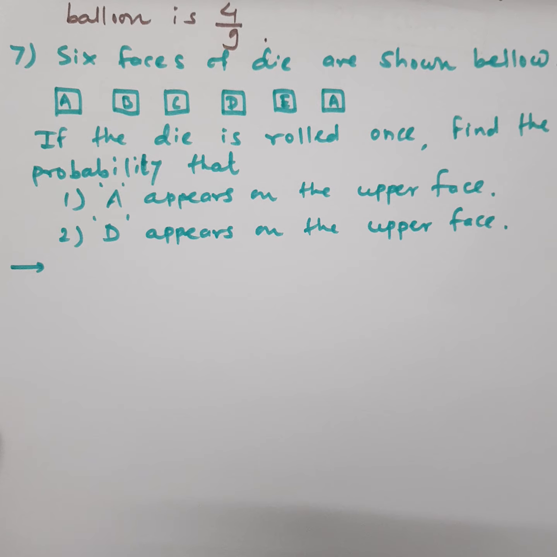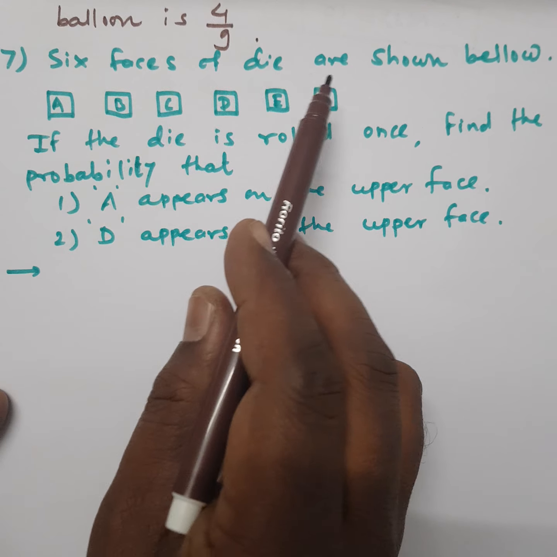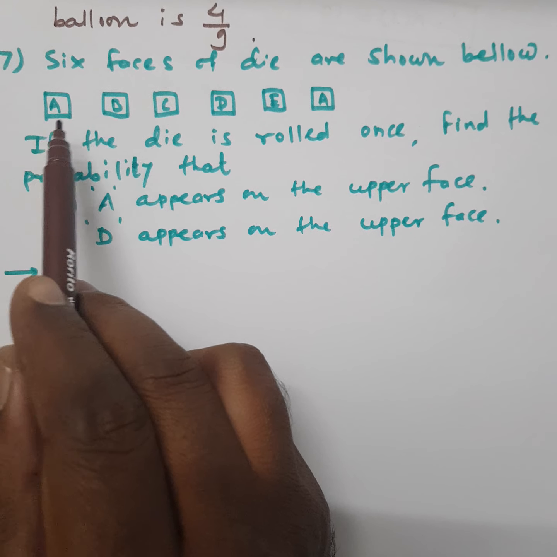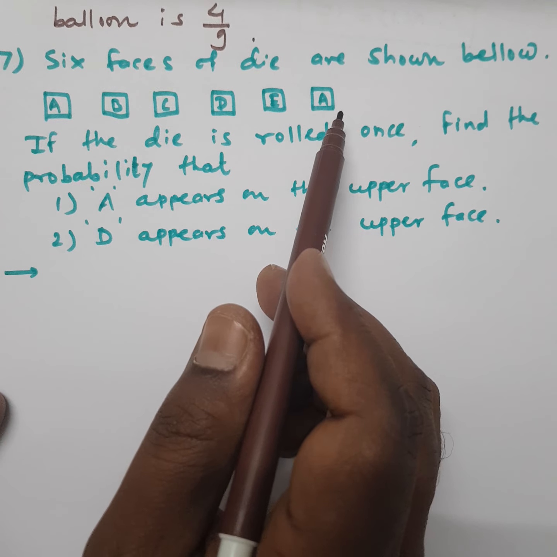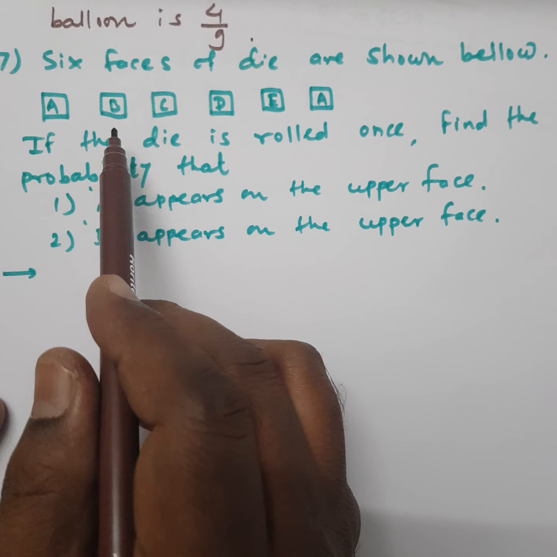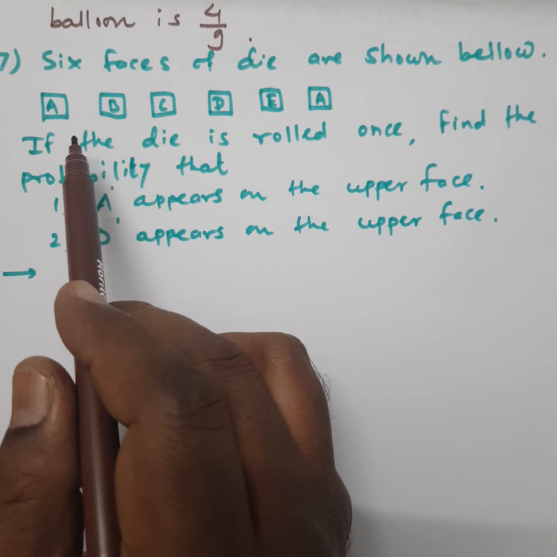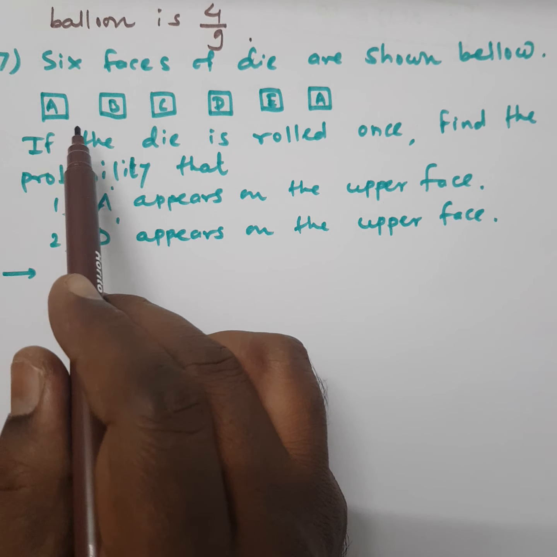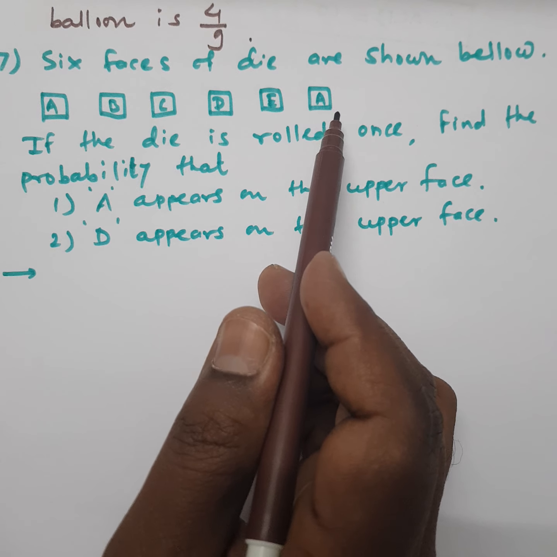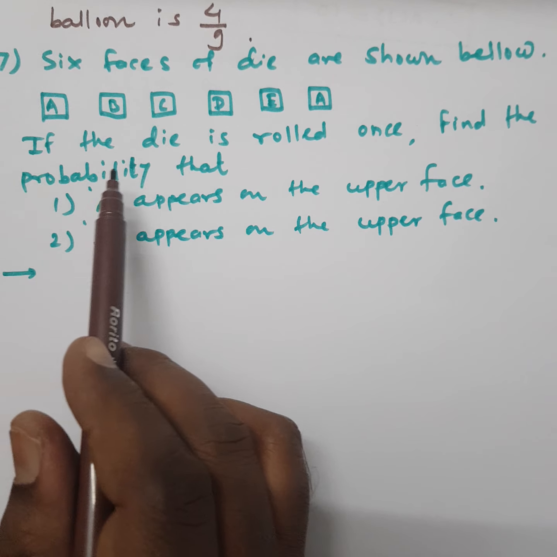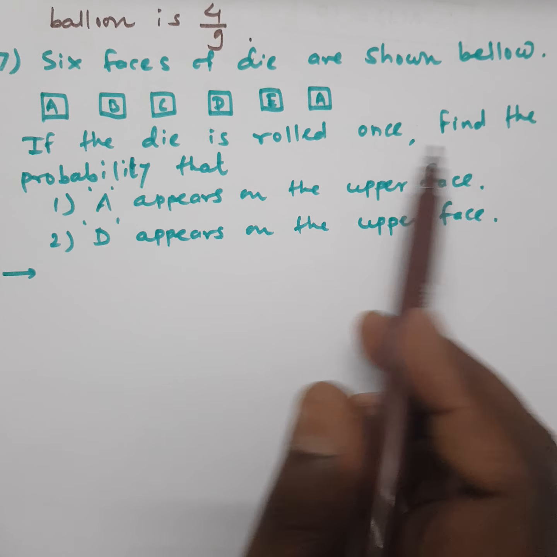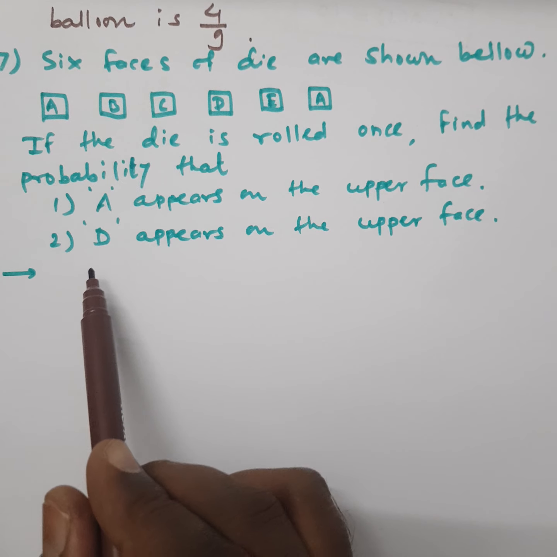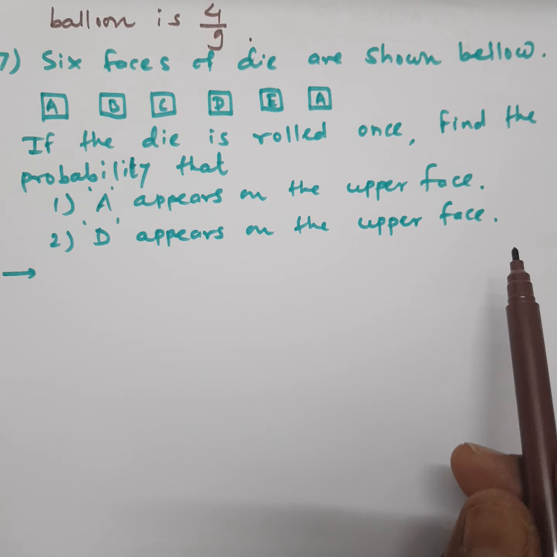Here the 7th example is, 6 faces of a die are shown below. On the 6 faces there are letters A, B, C, D, E, A. Generally numbers 1 to 6 are given on the 6 faces of a die, but here they are denoted by alphabets A, B, C, D, E, and again 1 is A. If the die is rolled once, find the probability that first A appears on the upper face and second D appears on the upper face.